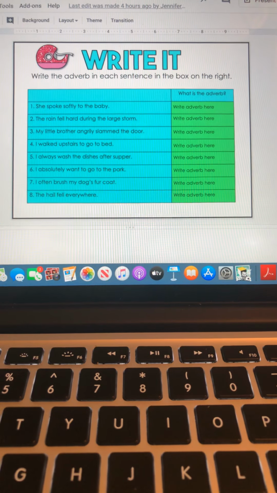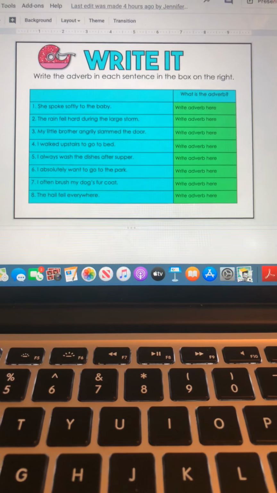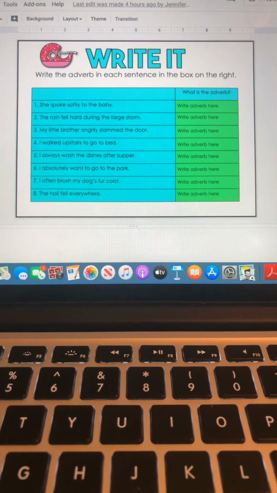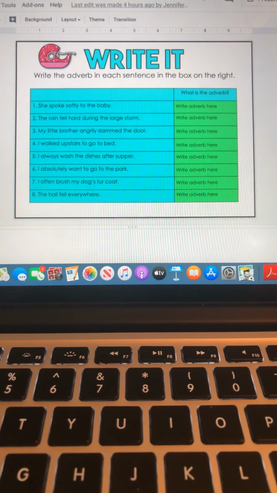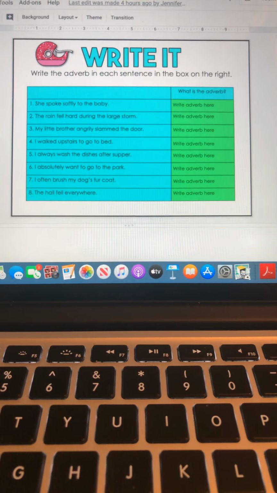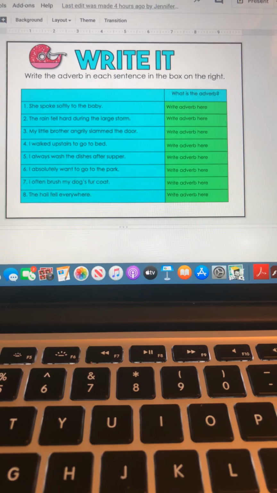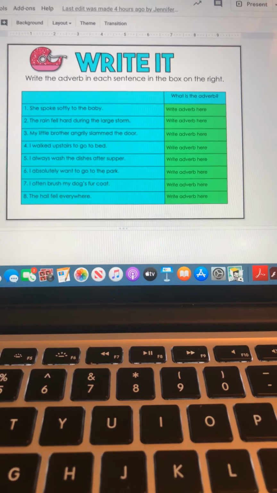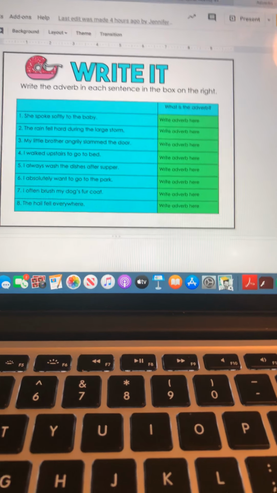Number 7, I often brush my dog's fur coat. And number 8, the hail fell everywhere.